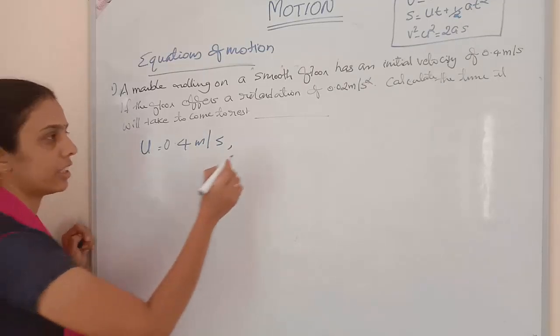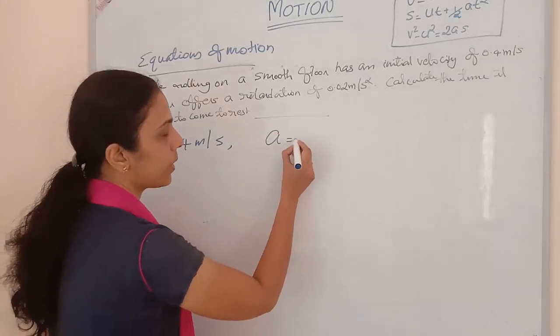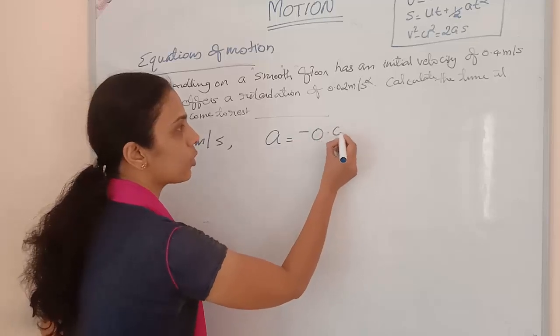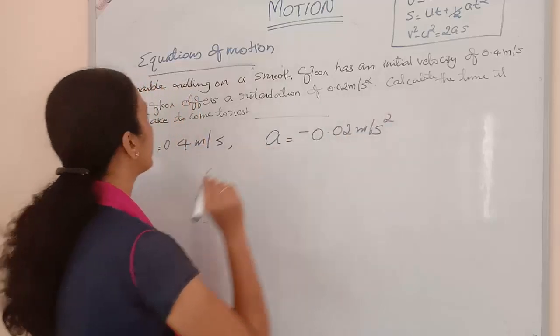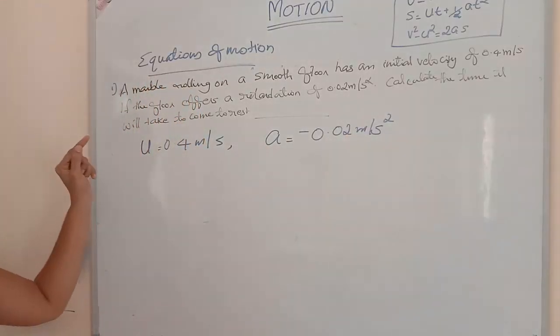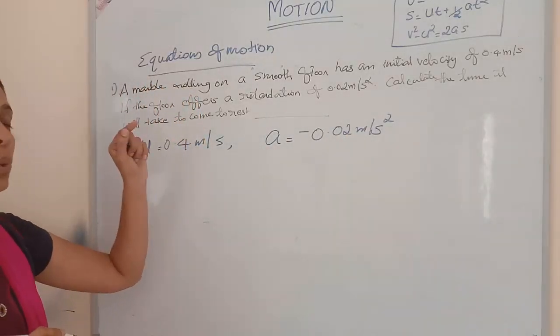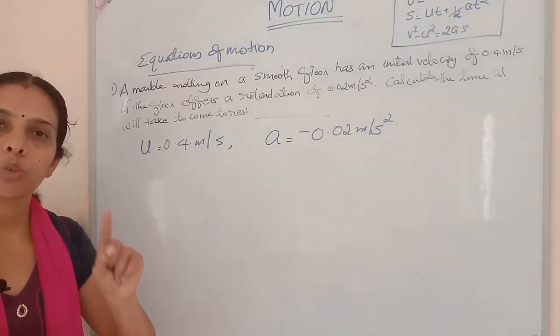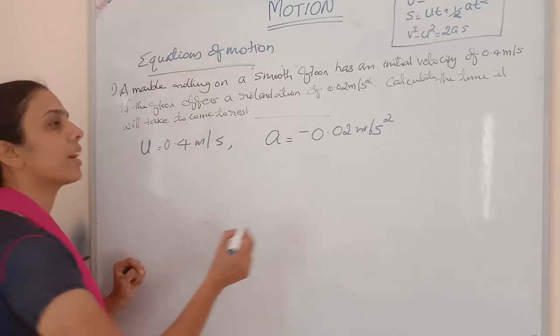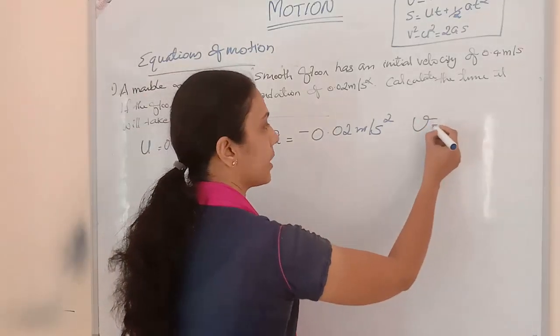If the floor offers a retardation of 0.02 meter per second square, what is this retardation? Negative acceleration. So a equals minus 0.02 meter per second square. Calculate the time it will take to come to rest. It is coming to rest position, so what will be the final velocity? Final velocity equals 0.